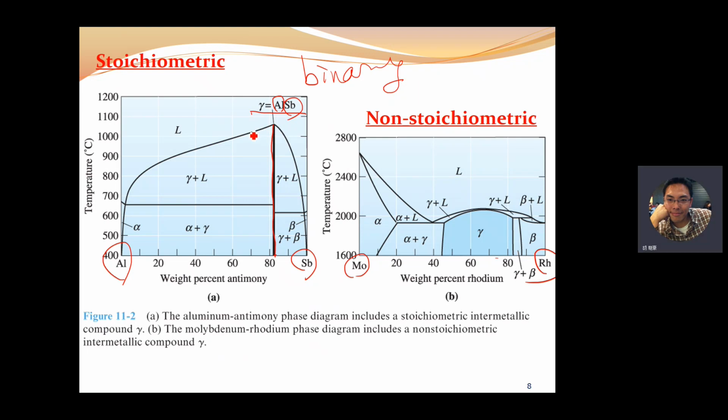Therefore, its composition is fixed. You have to remember that. It is called a stoichiometric intermetallic compound, the gamma phase.